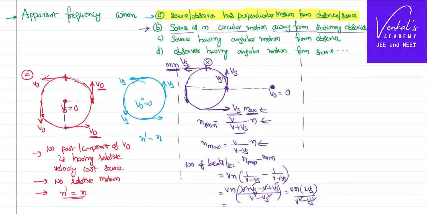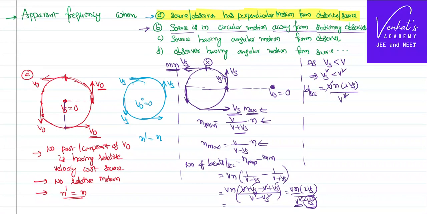But we can further say, as Doppler effect is valid only when the velocity of a source or observer is much less than the velocity of sound, vs square will be much smaller than v square. So this vs square can be ignored. So the number of beats per second can be written as vn times 2vs by v square only, ignoring vs square.